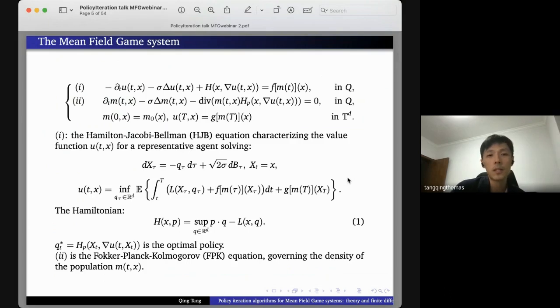So this is the system I'm going to study. There is a single agent optimal control problem, and we define the Hamiltonian, and above it's the forward-backward mean field game system. The only thing I want to explain is that I use the notation F[m] here, signifying that I will be focusing on non-local, or what is called global, coupling rather than local coupling.